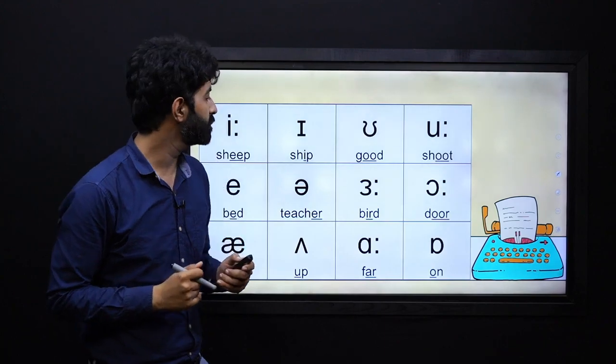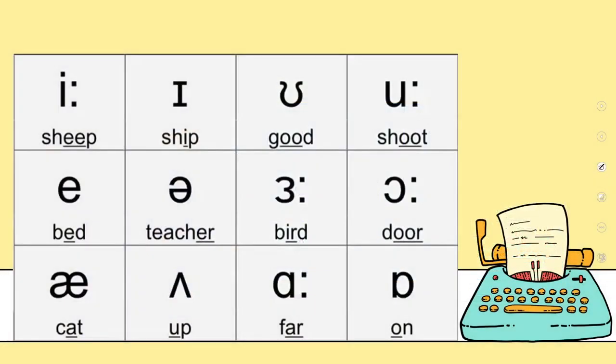Now, moving on, let's talk about some longer vowels that we can find. We have this symbol for showing the long sound of E, like in the word sheep. Here, this one is a shorter vowel, as in the word ship.